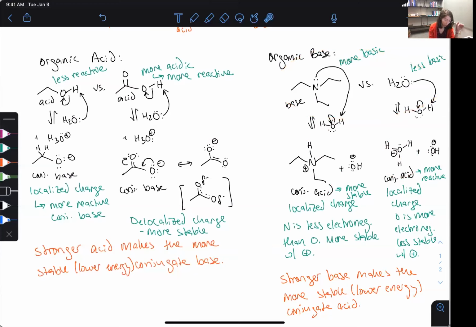It's a lot easier to compare charged systems to see who can balance out that charge better than it is to try to compare neutral systems where, I mean, maybe one is better than the other, but it's really hard to tell with neutral molecules. So always draw out the conjugate base, the conjugate acid, depending on the problem that you're doing. But don't just stay with the original acid or base that you're given. It's going to be way harder that way than if you just drew out the conjugate product.